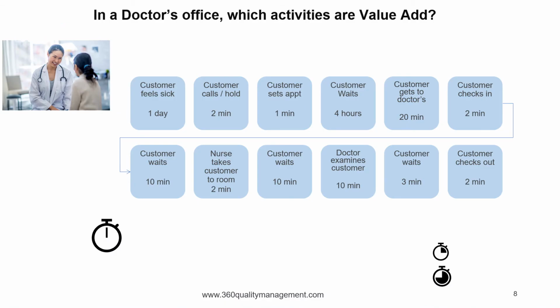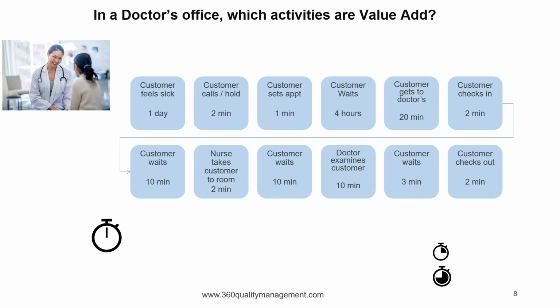For us to have a better ability to segregate value-added and non-value-added activities, here the example is at the doctor's office. Can you spot the value-added activity among so many activities or work that need to be performed to consult a doctor? Let's go through it one by one.